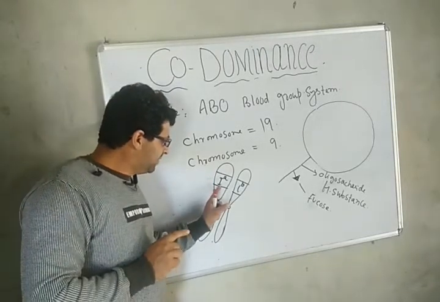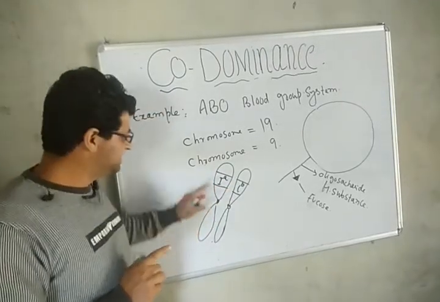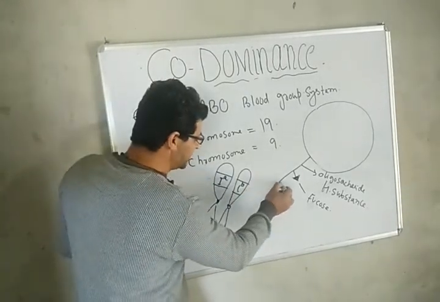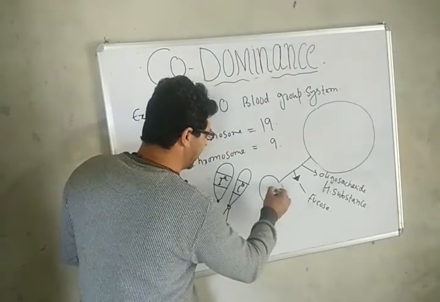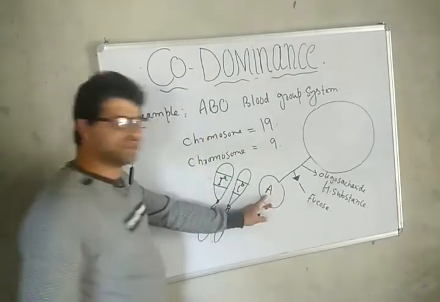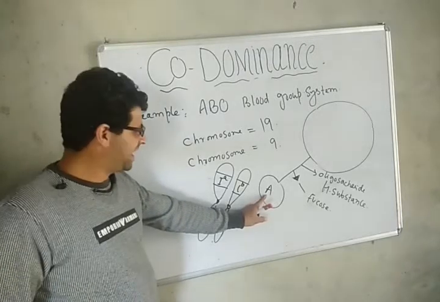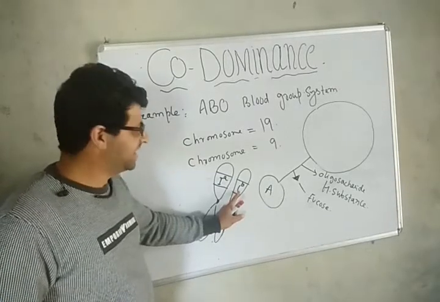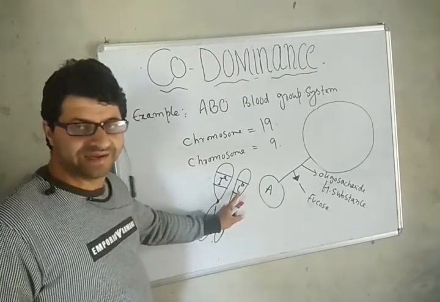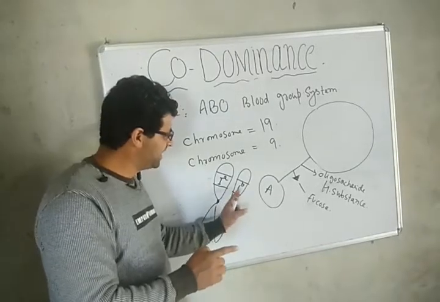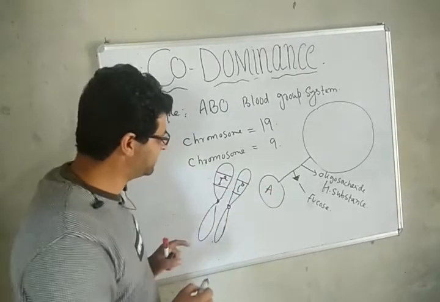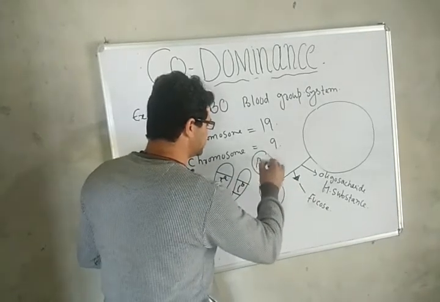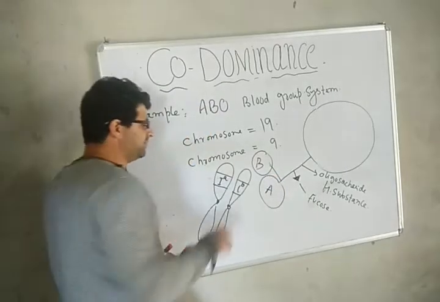The IA allele is making a special kind of antigen here, and the name of the antigen is antigen A. And this allele IB is forming a different kind of antigen, which is called antigen B.